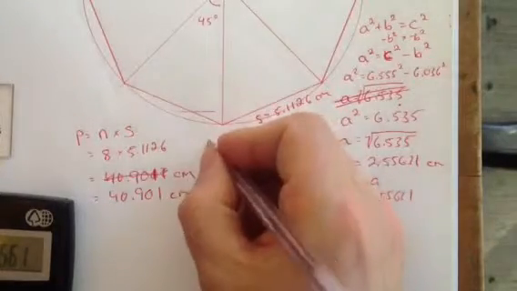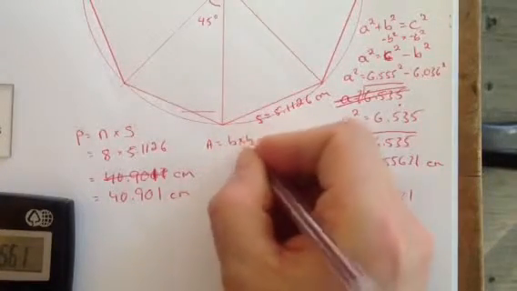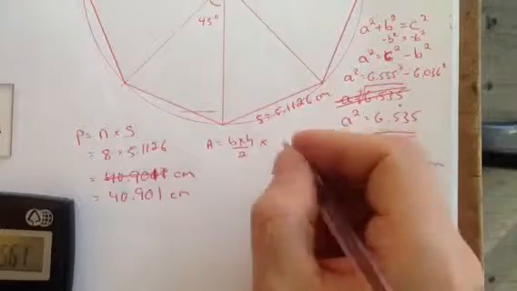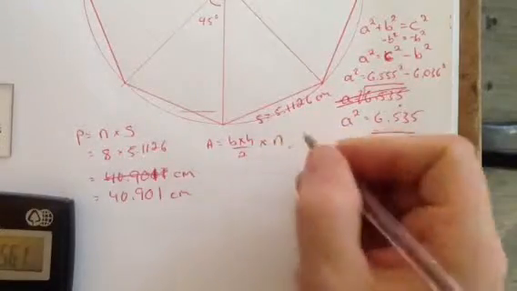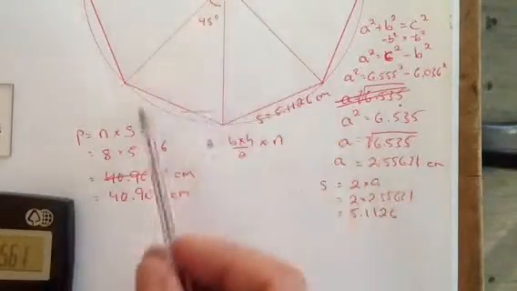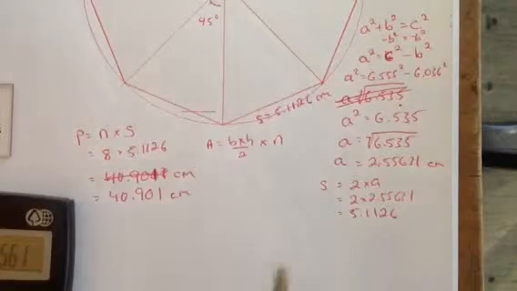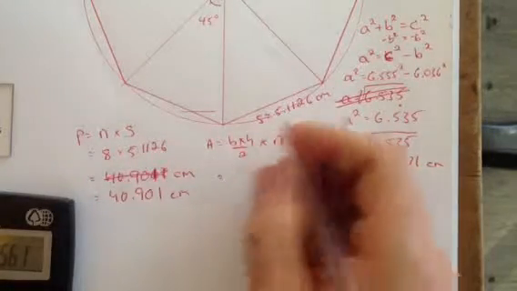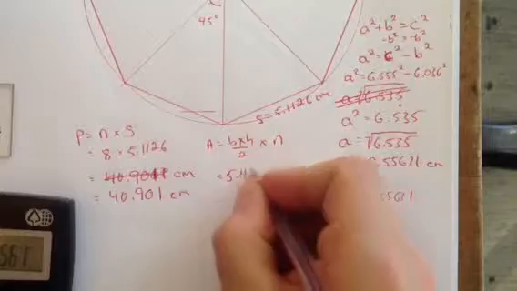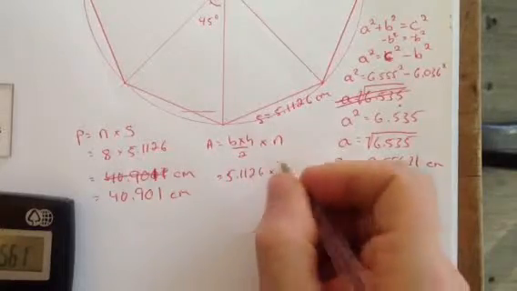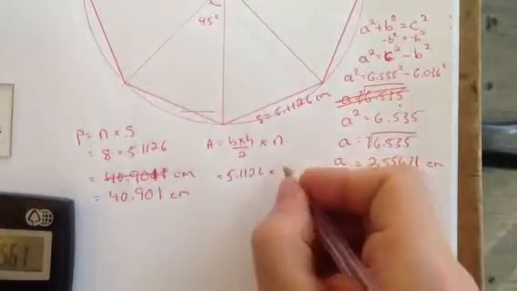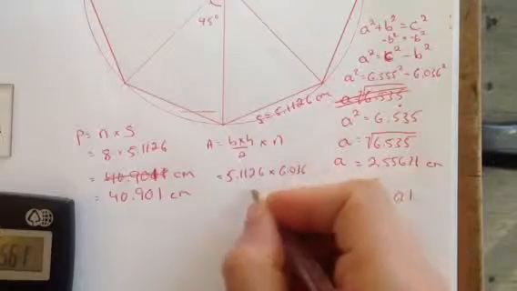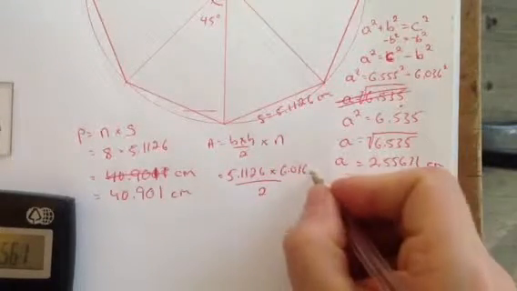The area is going to be the base times the height divided by 2 times the number of sides, right? So it's the area of one of these triangles, and you've got 8 identical triangles. So the base of the triangle is 5.1126 times the height, which is the apothem, which is 6.036, divided by 2 times 8.